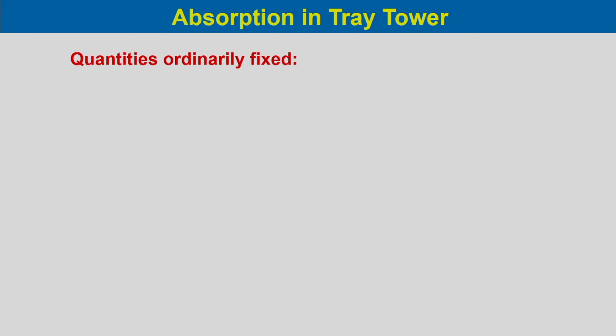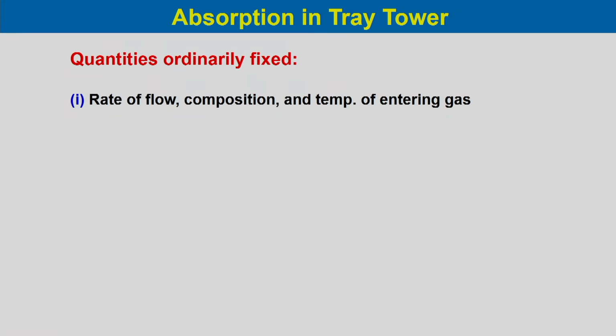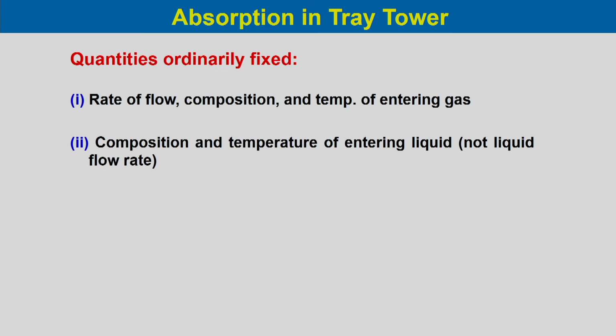The quantities which are generally fixed for this design are the rate of flow, composition and temperature of the entering gas. The second thing which is fixed is the composition and temperature of the entering liquid, not the liquid flow rate.